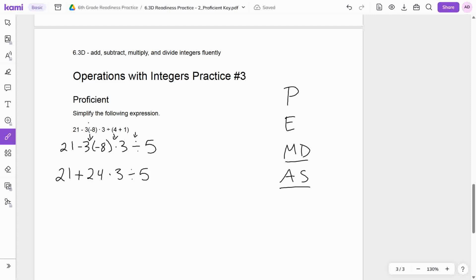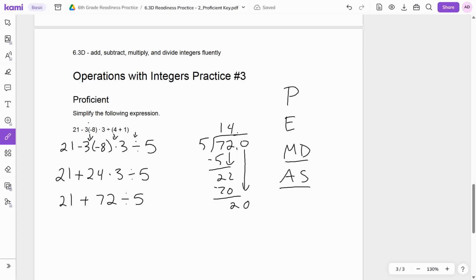So 24 times 3, okay, so 21 plus, what is 24 times 3? That's going to be 72 divided by 5. Now I need to do a little bit of long division on that one because that's not a multiple. That's 14.4.